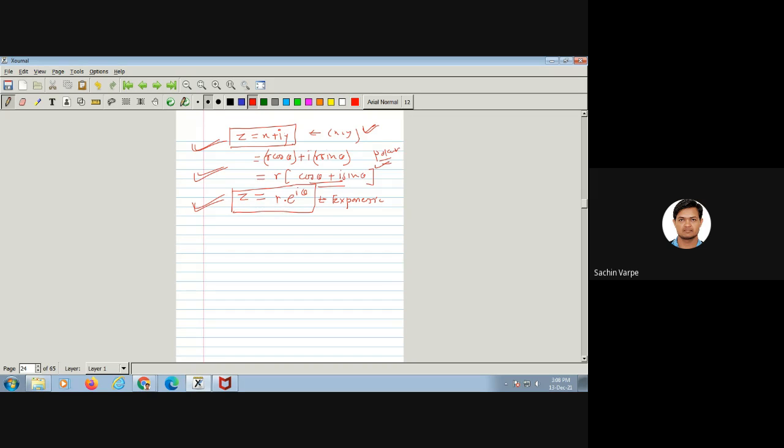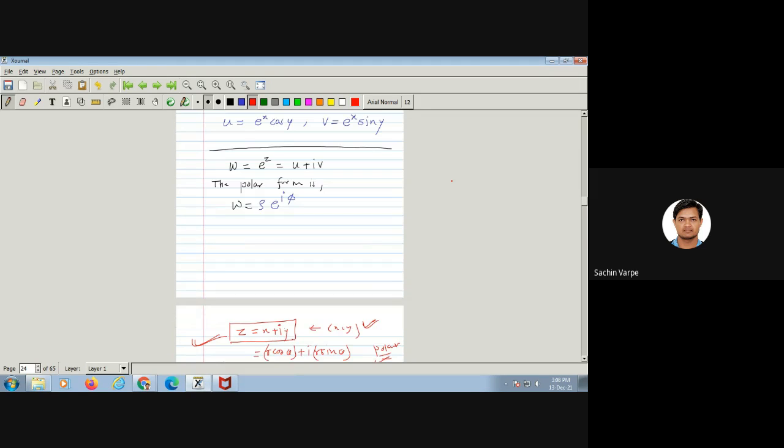That will be easy for this particular question. So see here, that is what I'm writing: w equal to rho e to the power i phi, where rho is the radius of the circle and phi is the angular displacement. Suppose the circle is like this, then this is rho and this is phi.